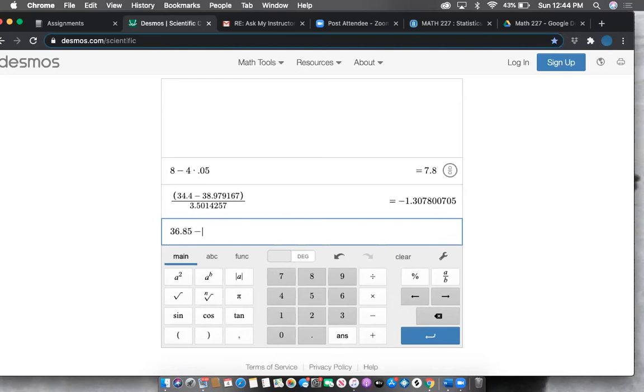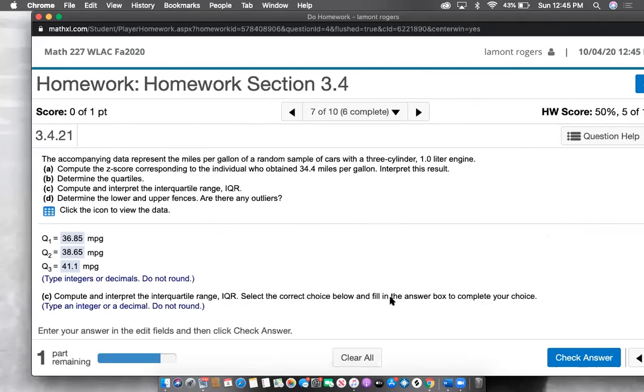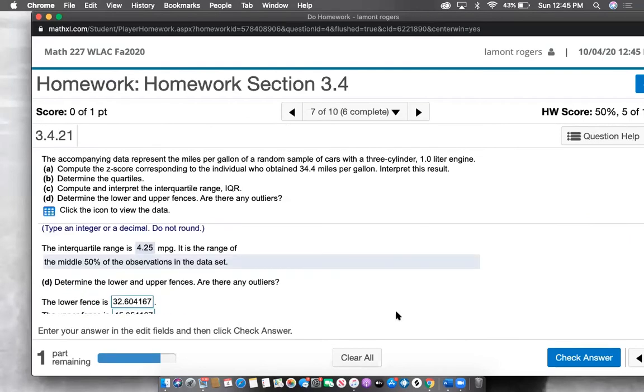Minus 1.5 times the interquartile range. What was the IQR again? 4.25 or something? Yeah, 4.25.